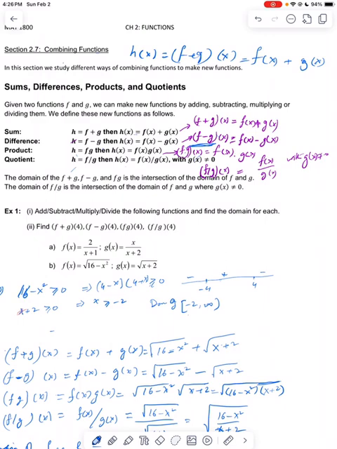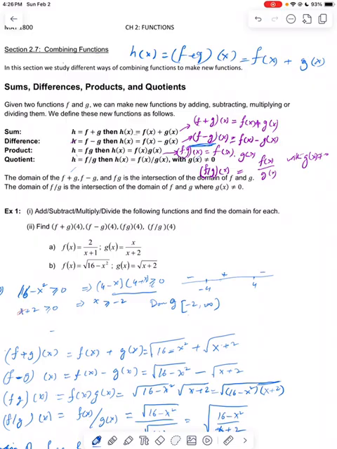After this step, we make a sign chart, by putting the zeros and the bad numbers on a number line. We don't have bad numbers here, just zeros. We have 4 and negative 4. I put them on the number line.